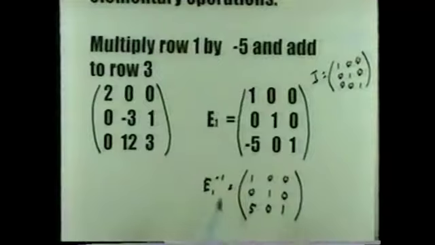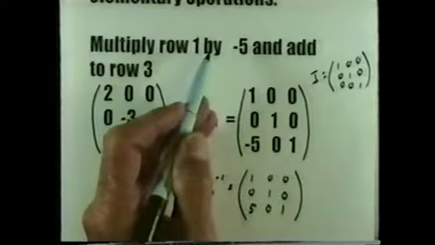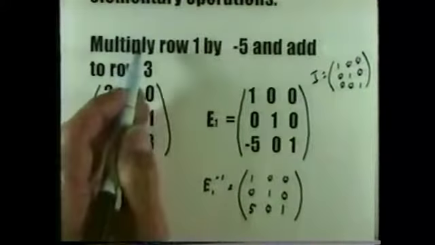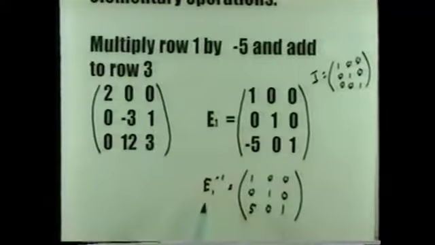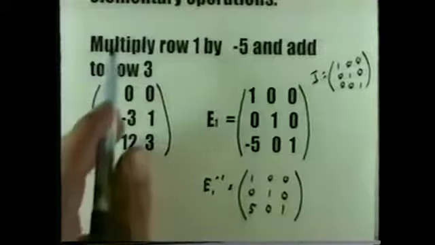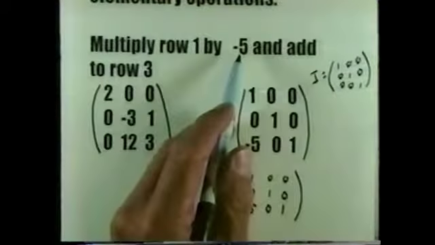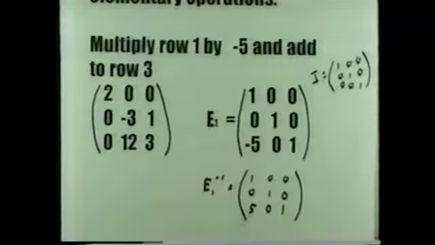So here is E inverse. To get E, I multiplied row 1 by -5 and added to row 3. To get E inverse, I reversed it: multiply row 1 by +5 and add to row 3.